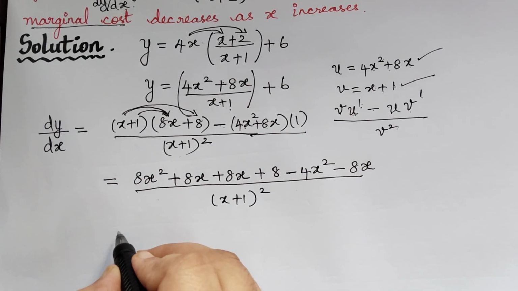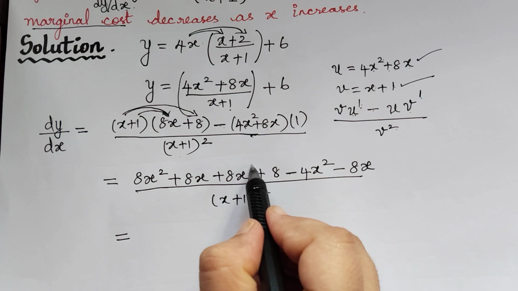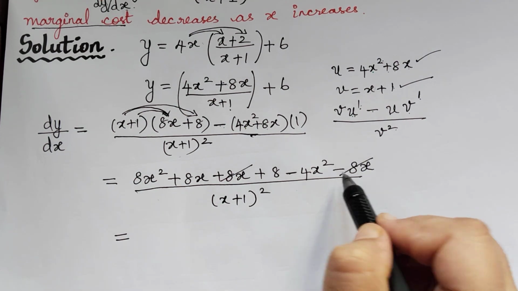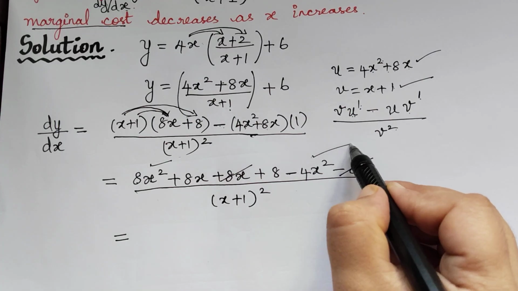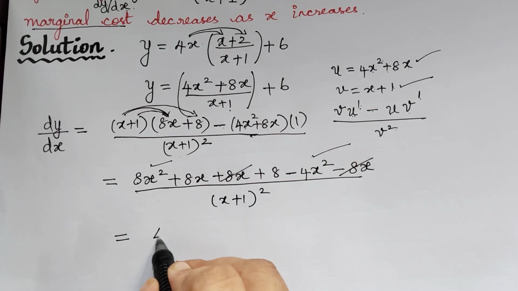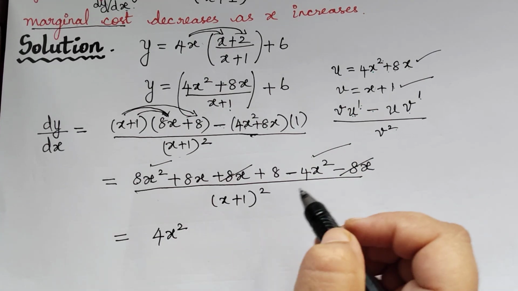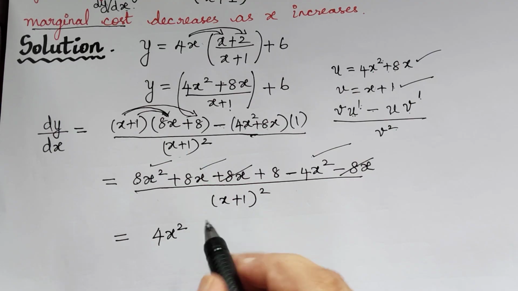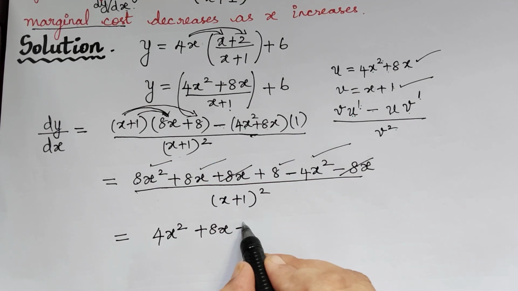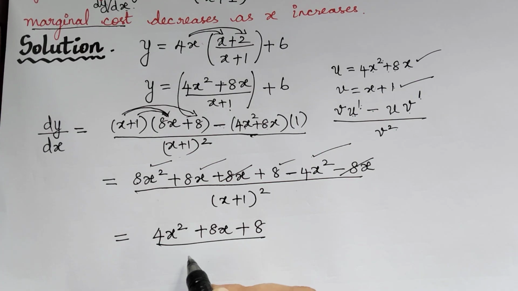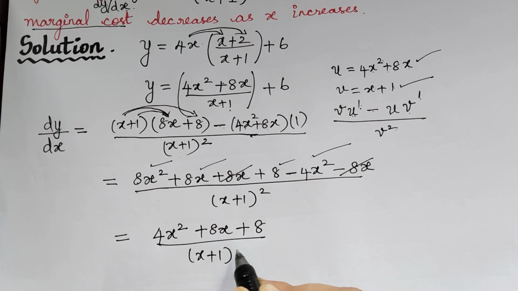Now on further simplification, the plus 8x and minus 8x will get cancelled, and 8x square minus 4x square will give us 4x square, and then we have this 8x, so plus 8x, and then the constant 8, so plus 8, divided by x plus 1 the whole square.